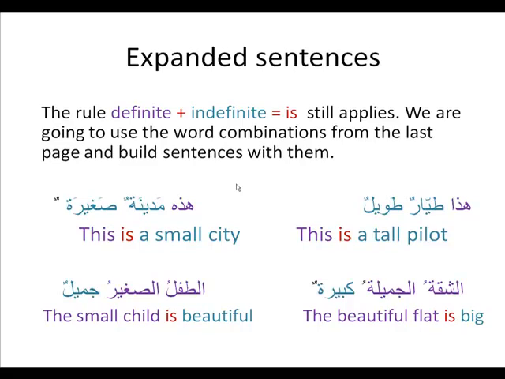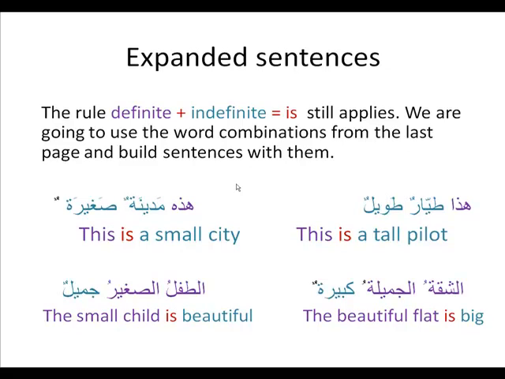We also had two definite word combinations on the last page. الشقة الجميلة, the beautiful flat, right? Now we add an indefinite adjective at the end, working as a predicate, and this becomes الشقة الجميلة كبيرة. The beautiful flat is big.